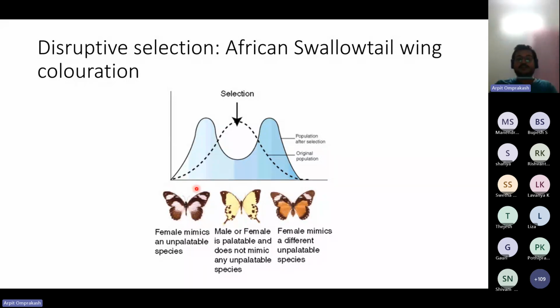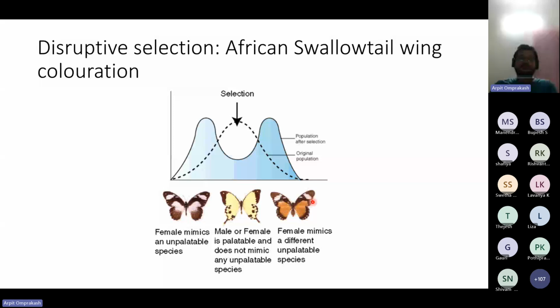The one on the left here, the female is mimicking another species that is poisonous or unpalatable for the predator. So the predator tends to avoid butterflies that are colored like this, and also butterflies that are colored like this, because here the female is mimicking a second species that is also unpalatable.